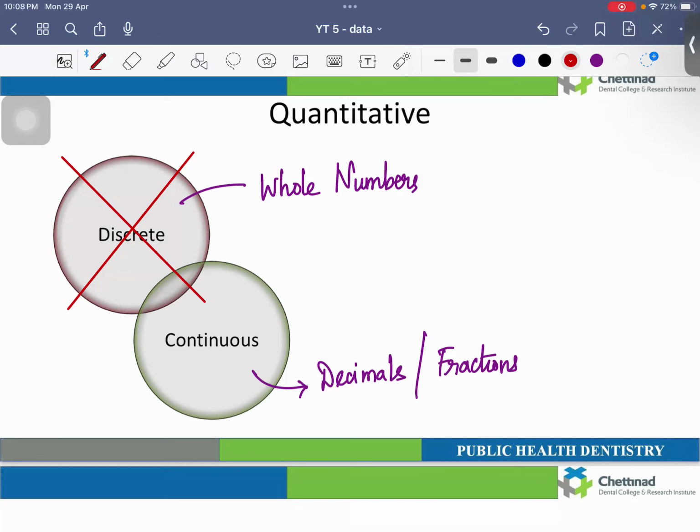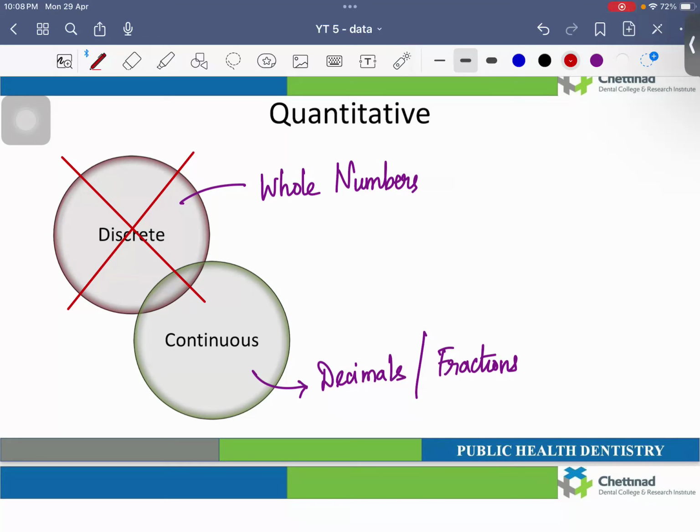The best example for discrete data is the number of persons in a family. There are only whole numbers. You cannot say that a family has 3.5 persons. So when it is not amenable to summarization by means, we call it discrete data.